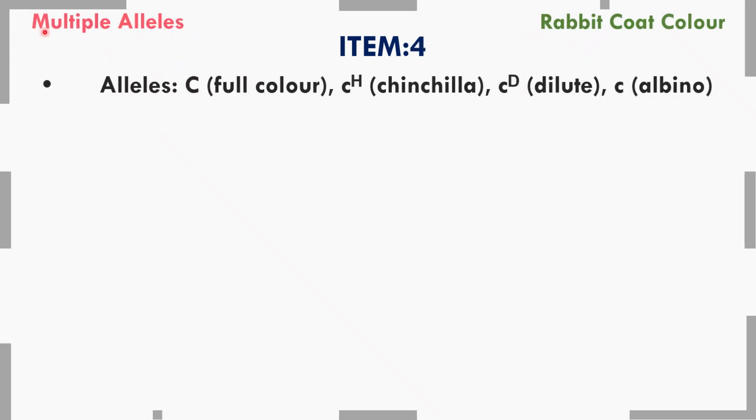Let's now look at multiple alleles. We shall look at the rabbit coat color. Item 4. Alleles: C, full color; c^ch, chinchilla; c^d, dilute; and c, albino.